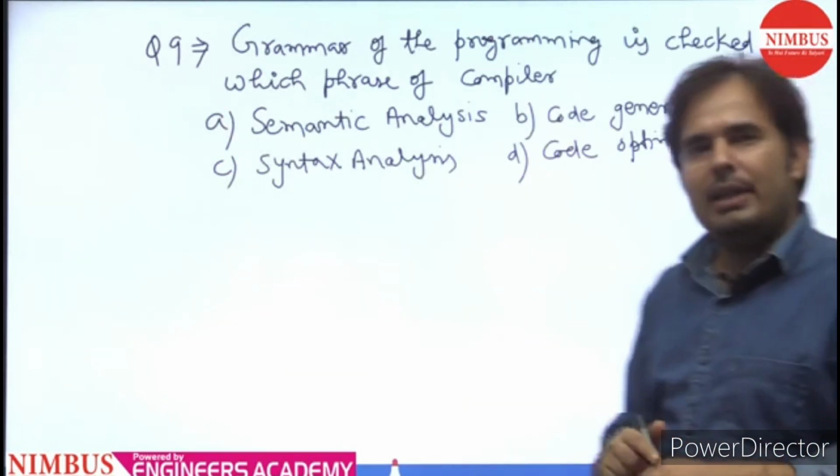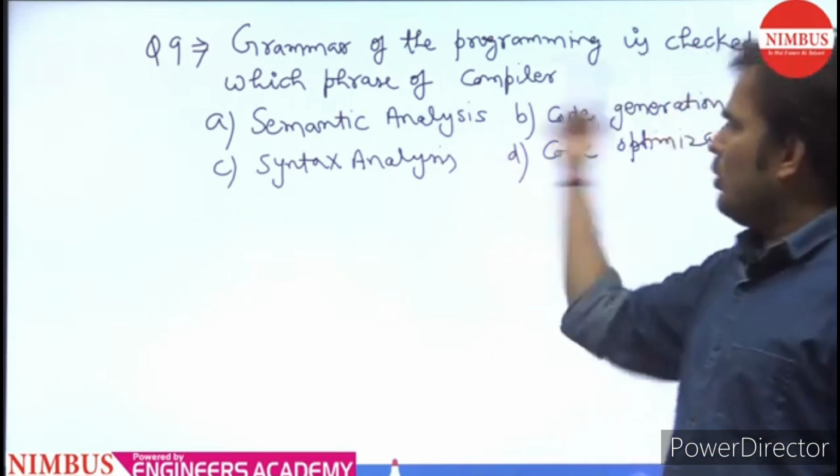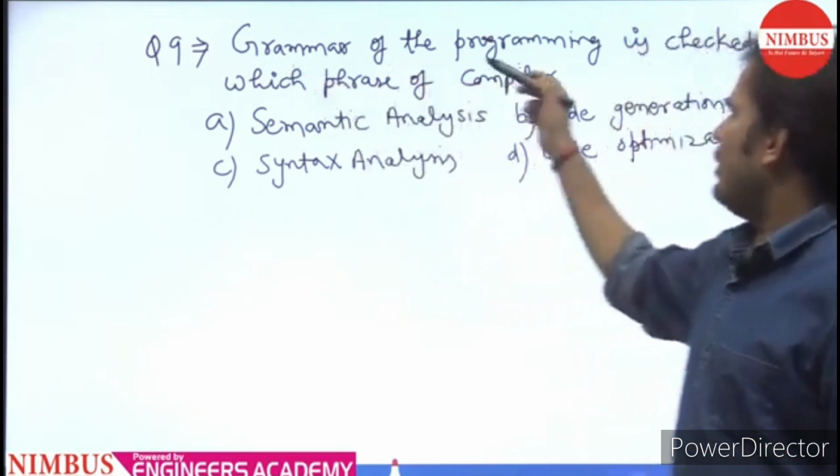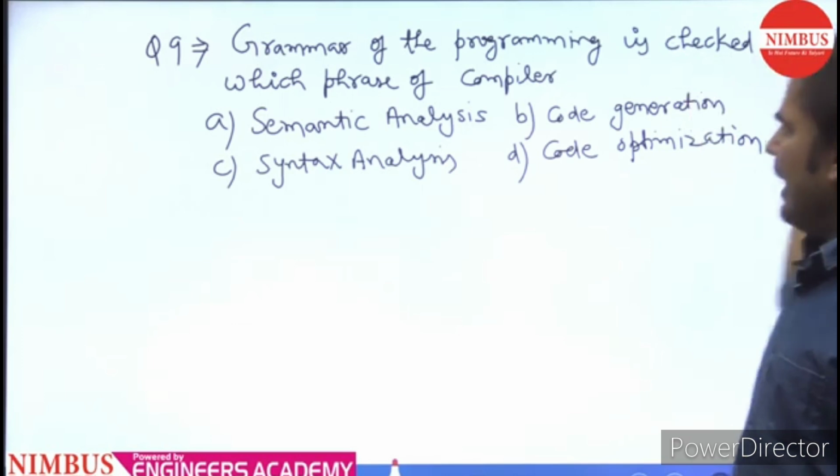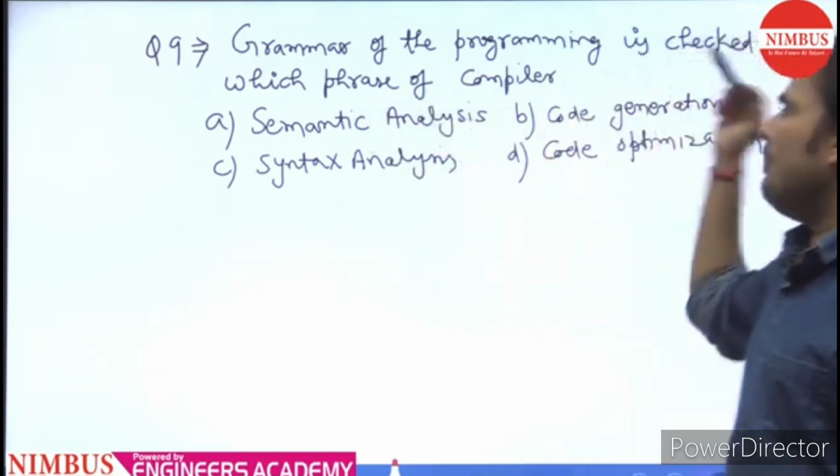This is question number 9. Let's see. Read the question carefully. Grammar of the programming language is checked at which phase of the compiler?